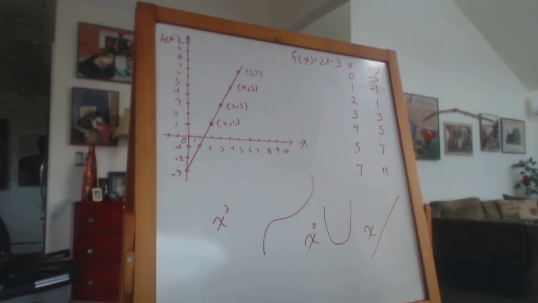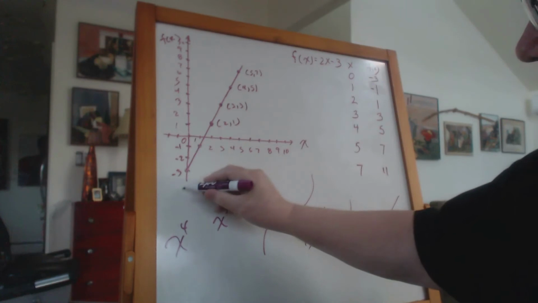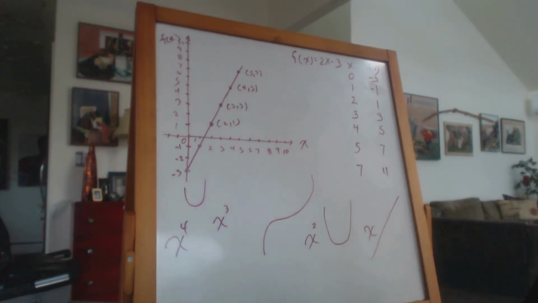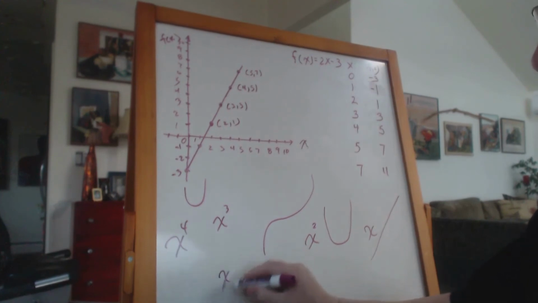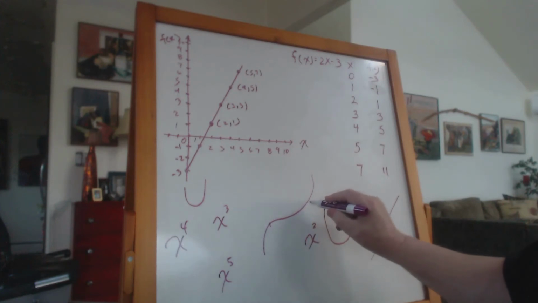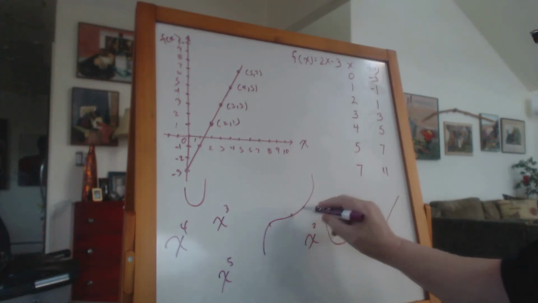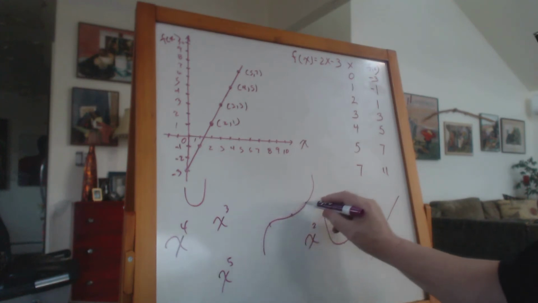So these are the different things. And then when you get x to the fourth, you get another U. And then x to the fifth, it gets even more funky. You get these changes in curves. They call inflection points.